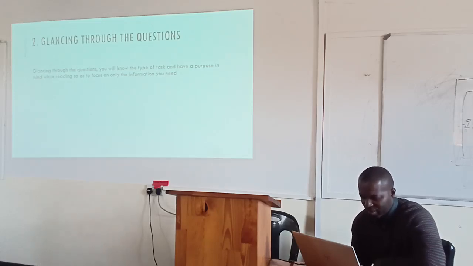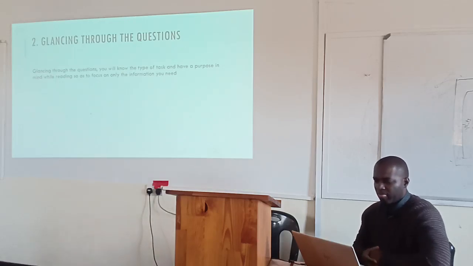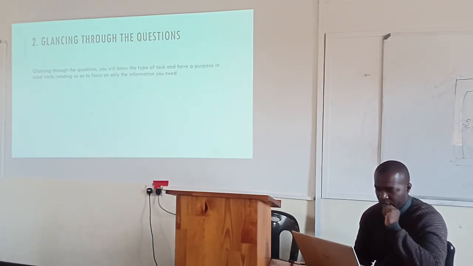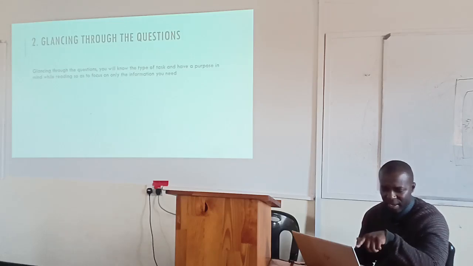you know that, as we talk about that, there are specific questions that are asked about that passage. And you go through the questions, and you will know the type of task and have a purpose in mind.